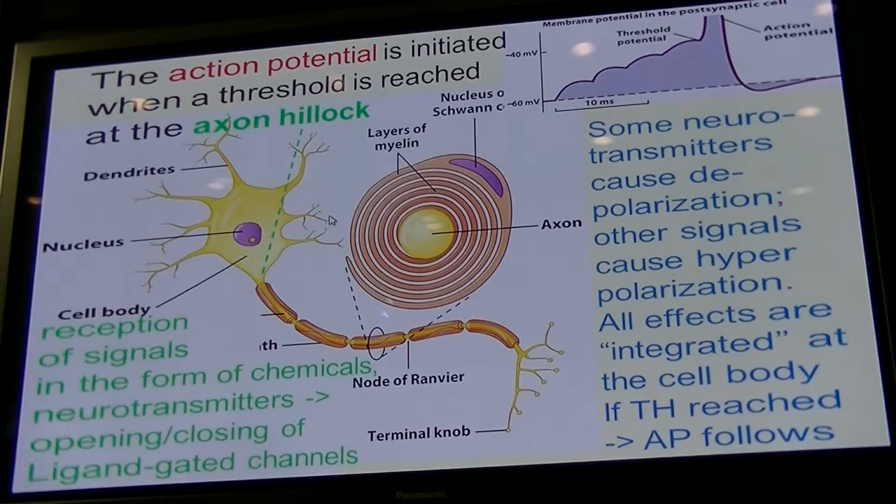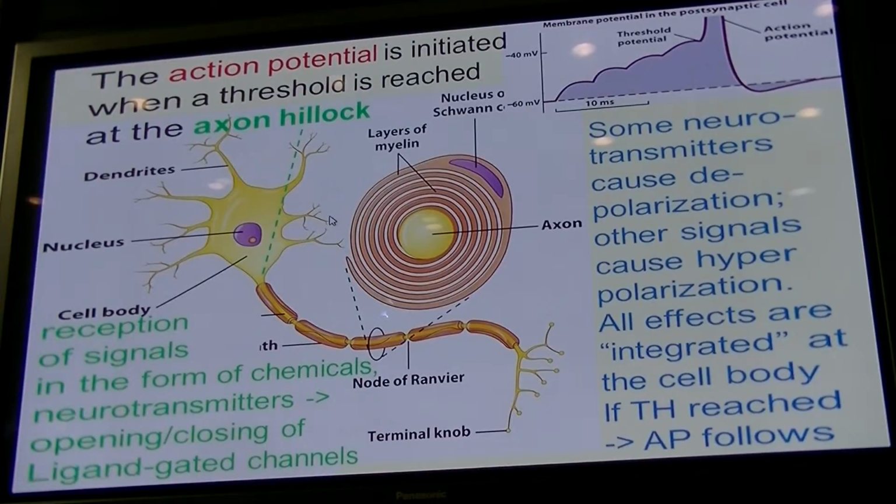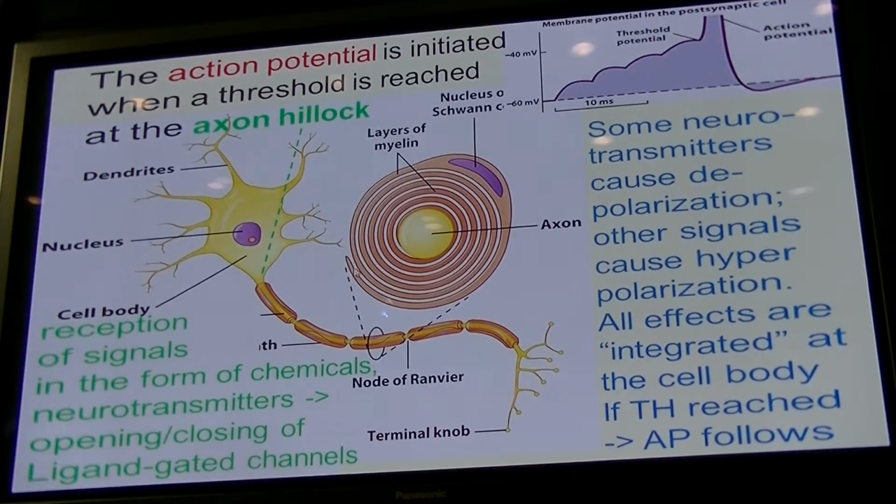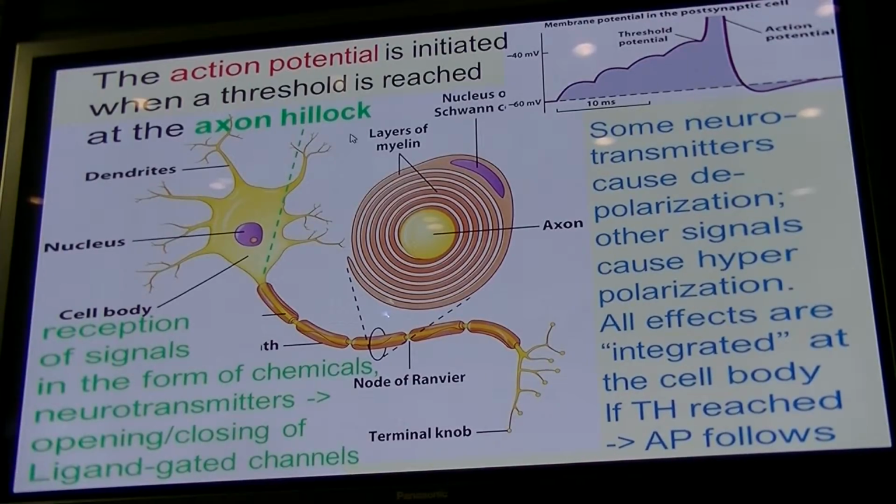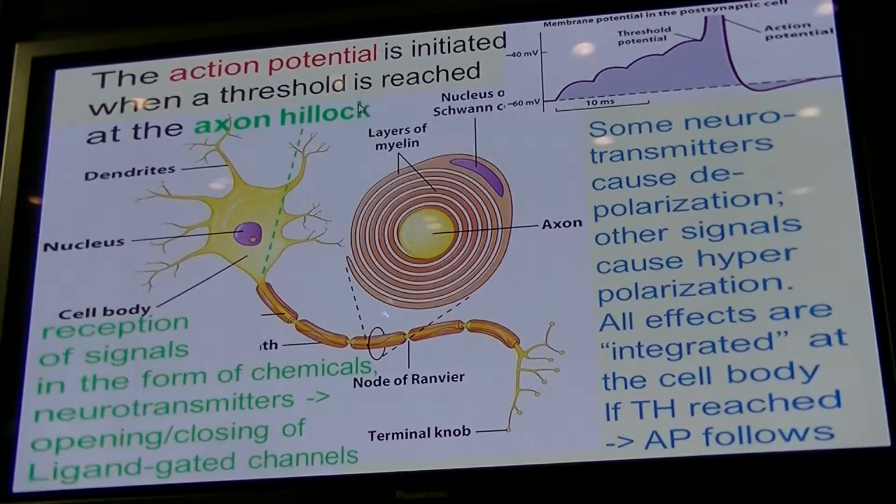Some of those neurotransmitters increase the polarization because they cause the closing of sodium channels, or they cause maybe the opening of chloride channels, which also make the membrane potential more negative inside. But we also have neurotransmitters that cause the opening of ligand-gated sodium channels.